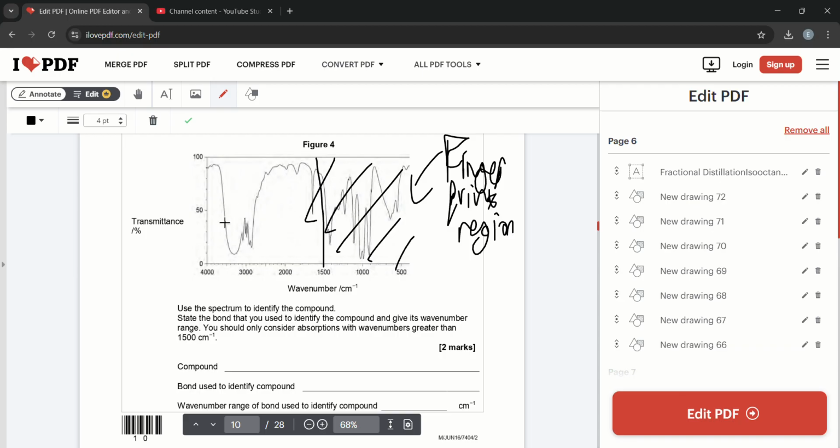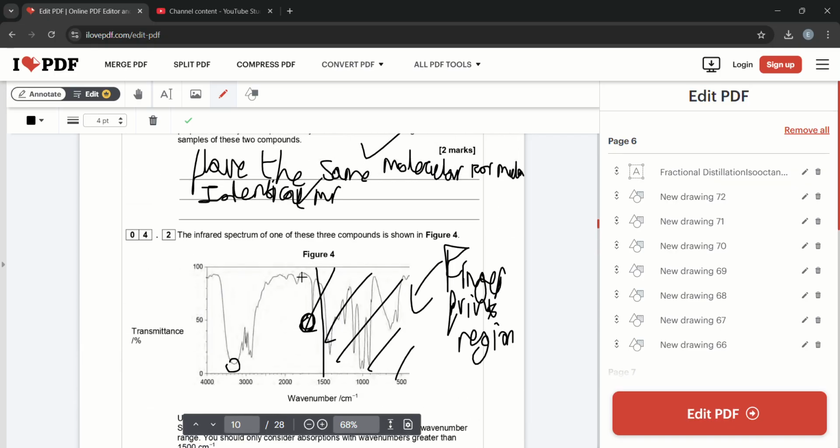So we look at the peaks, and the peaks point downwards. We've got a peak here, and we've also got a peak here. That's around 1600, and this is around 3300.